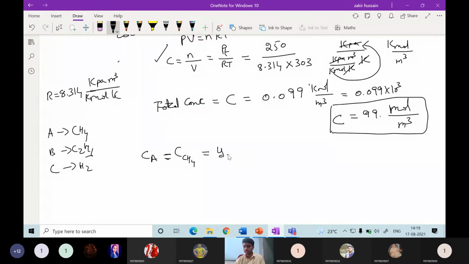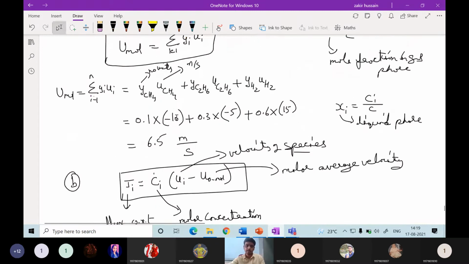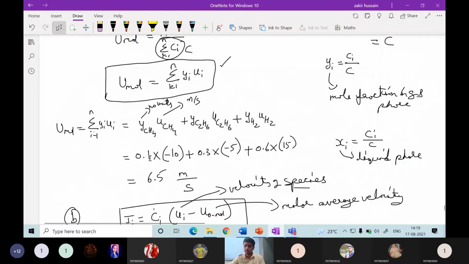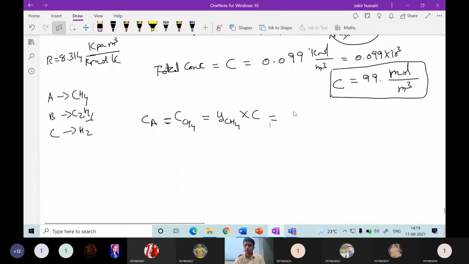So mole fraction of CH4, that is YCH4 into total concentration, is equal to CCH4. Mole fraction of CH4 is 0.1, so 0.1 into 99, nearly 9 mole per meter cube, same units as this.